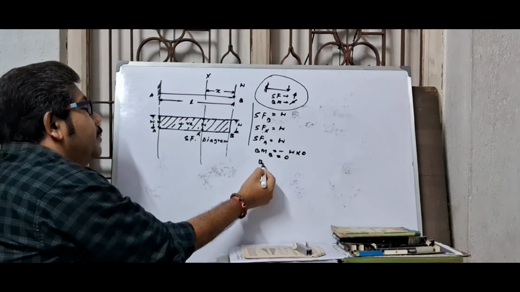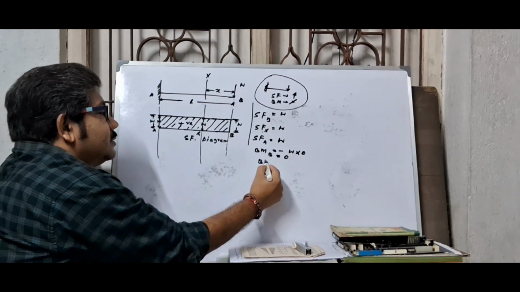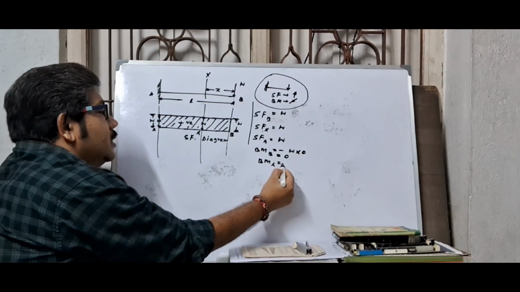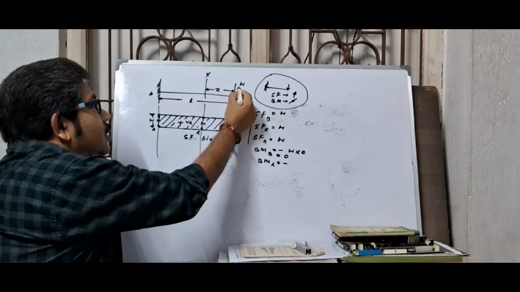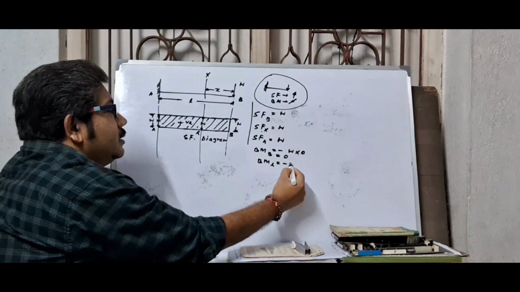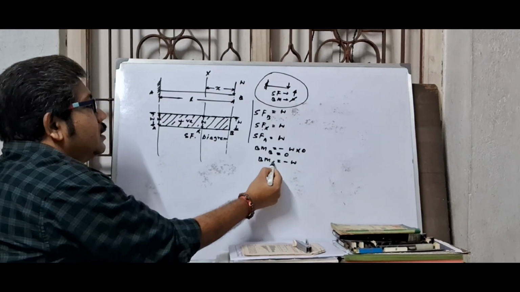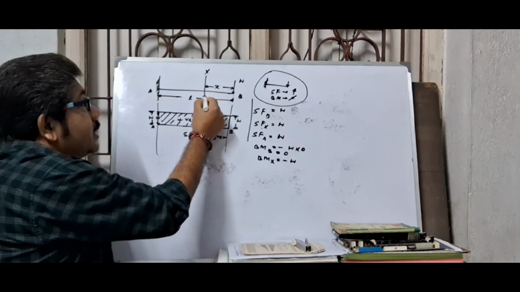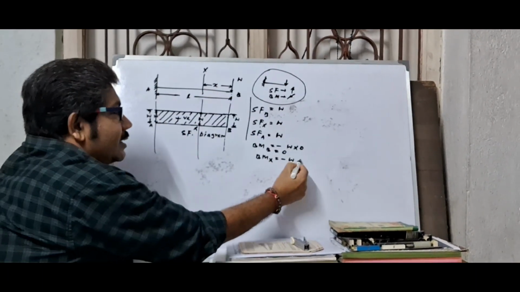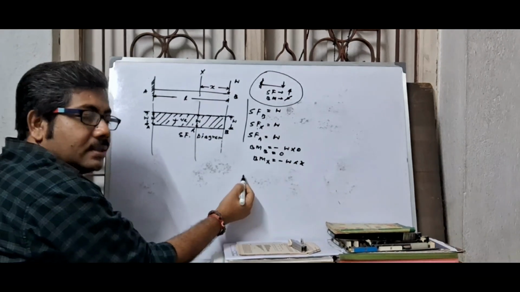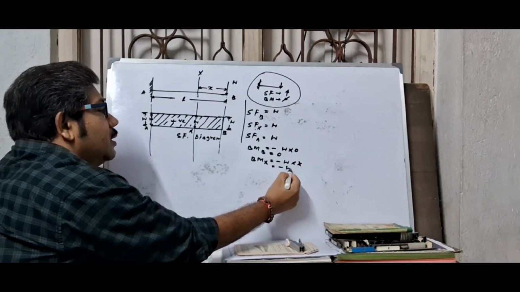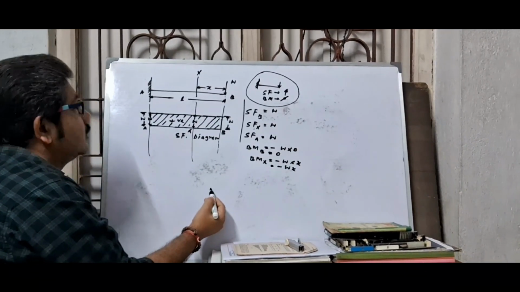Now bending moment at point X. First of all, minus load at point B, this is W, and you take moment at point X. So this is distance x. Force into distance is moment. So here W into x.